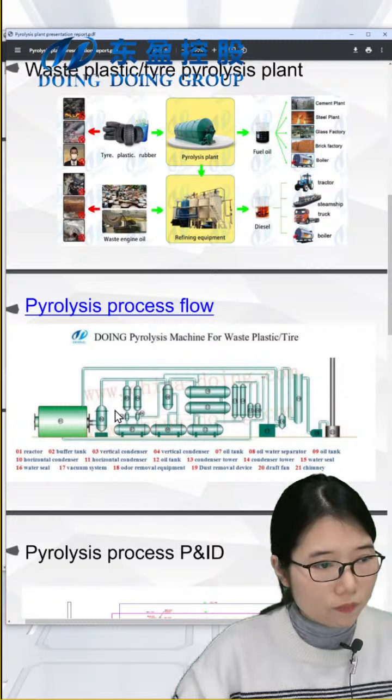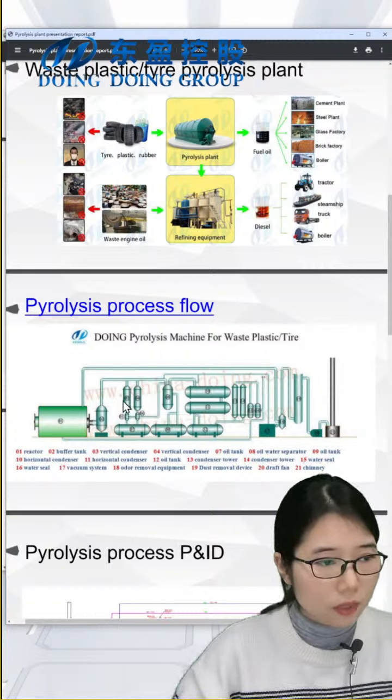Then it will go through the 2 vertical condensers. This is our first step of condensers. Then the oil gas will be cooled down into liquid oil, then collected in the first oil tank.